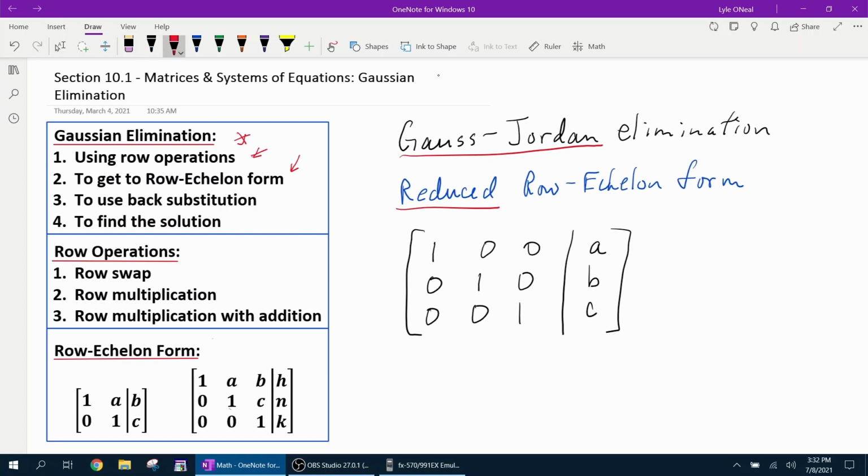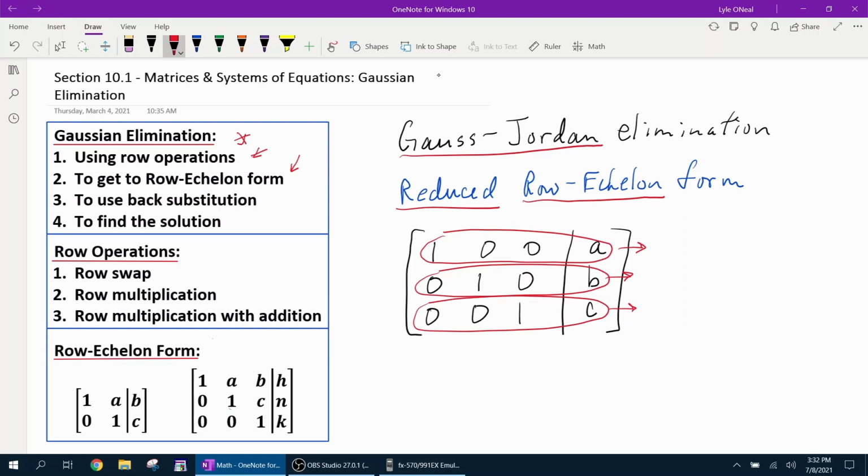The advantage to Gauss-Jordan, the advantage to reduced row echelon form, is if you translate each row back into an equation, it actually gives you the solution. So remember that each one of these rows corresponds to a variable.